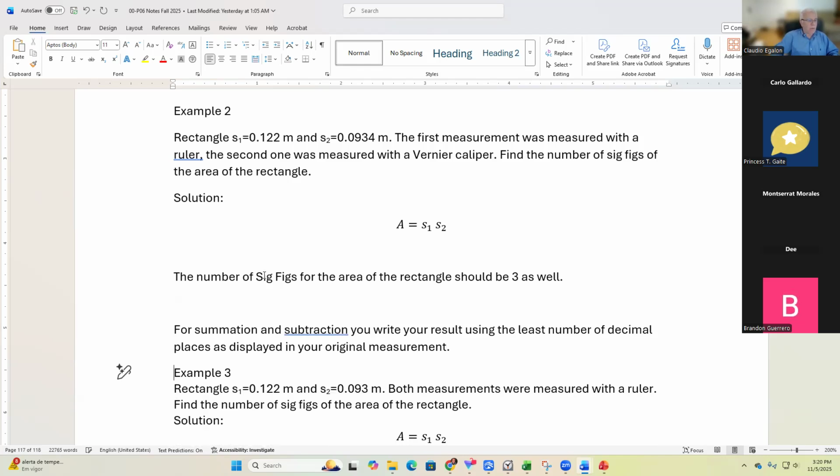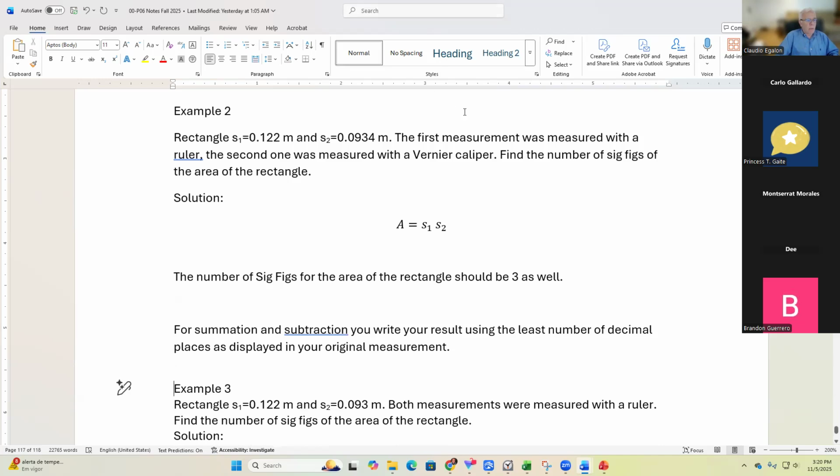So that's the importance. That's the difference between the rule for significant figures for summations and the rule for multiplication and division.